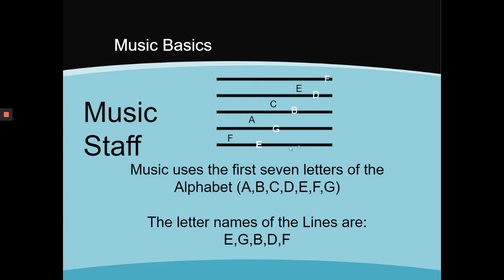Okay, remember, for the lines, every good boy or baby or Barbie does fine. This is how you're going to find the lines, okay? Now, soon enough, this will not be the case when we move on to another clef, but we'll talk about that later. So for now, remember these, burn these into your brains.